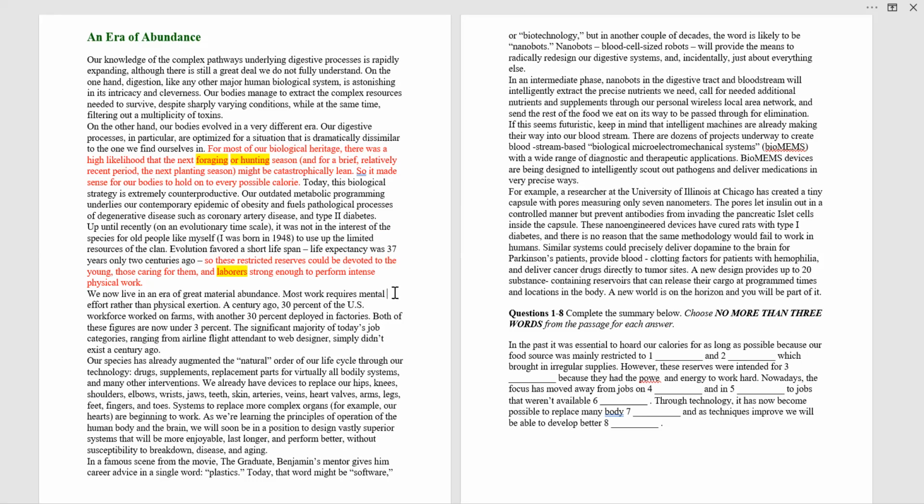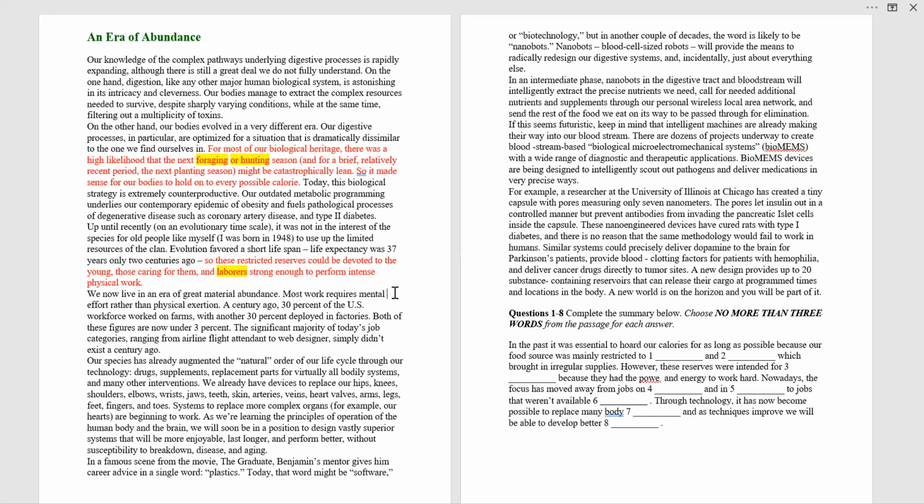Nowadays, the focus has moved away from jobs on dash and in dash to jobs that were not available dash. We now have this very sentence containing three answers.